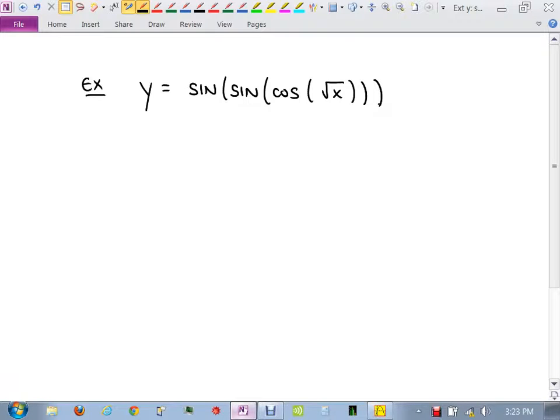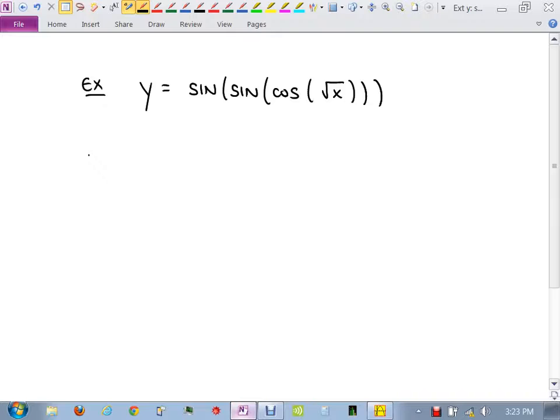Do we have any multiplication here? Is there anything times something, like a function times a function? No. The square root of x is sitting inside of what function? Cosine. That's sitting inside of sine, which is sitting inside of another sine.